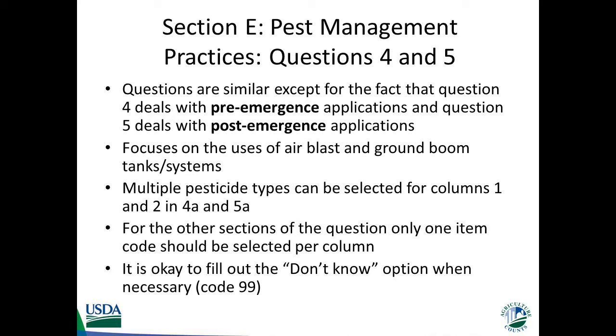So please make sure you are selecting the correct options and not just copying the same answers over from one column to the next. For all other parts of the questions, the pick lists are consistent between the two columns. As a reminder, it is okay to report code 99 for don't know when that option is necessary.